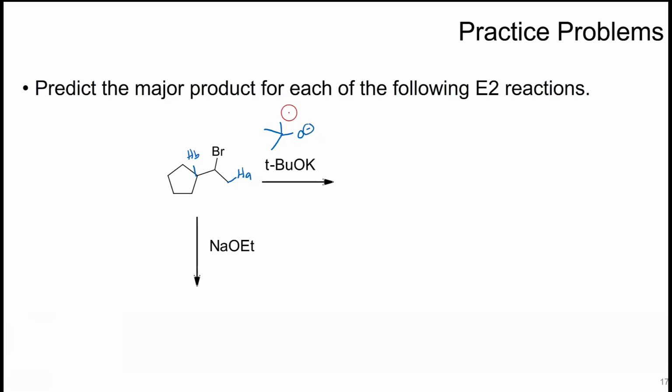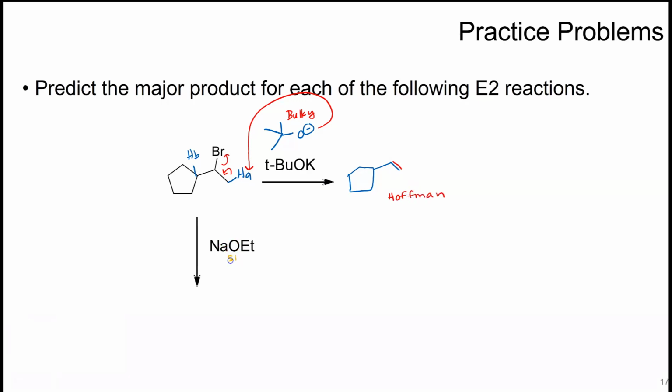With T-butoxide, this is bulky. So that's going to grab the most accessible hydrogen, which is HA, and that one's the one on the end. Those electrons go in there. So my bromine is gone, and I've now formed the double bond there. This is the Hofmann product.